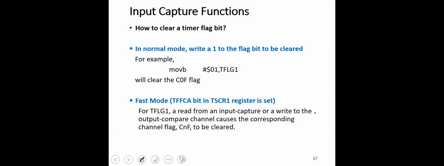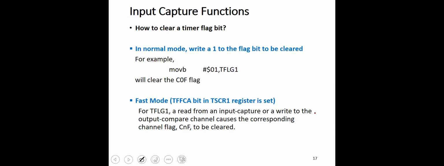Okay. So these are the registers that are related to the input capture, of course, in addition to the registers related to the timer operation, because the input capture functions use the timer as the time reference or the time base.